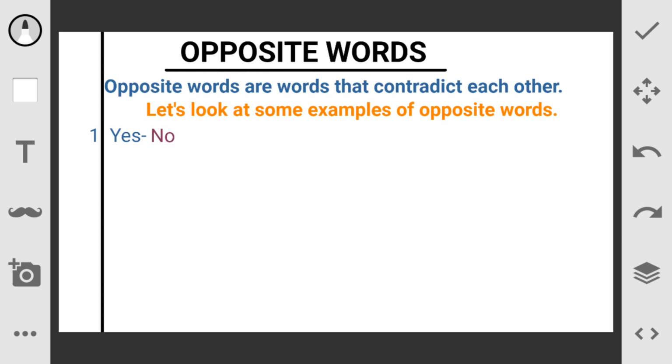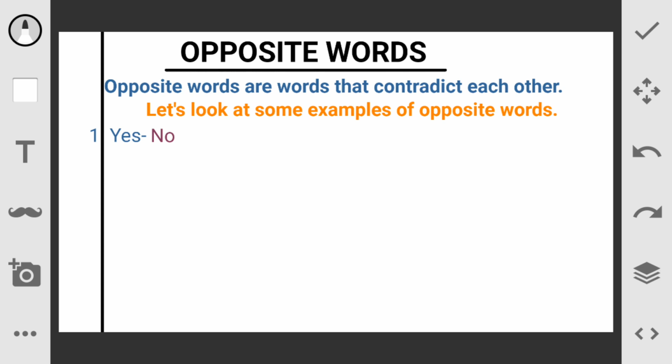The word that contradicts yes is no. So it's more or less like two words fighting each other. I'm trying to avoid saying the opposite because we're trying to understand what opposite words are. So opposite words are those words that contradict each other.